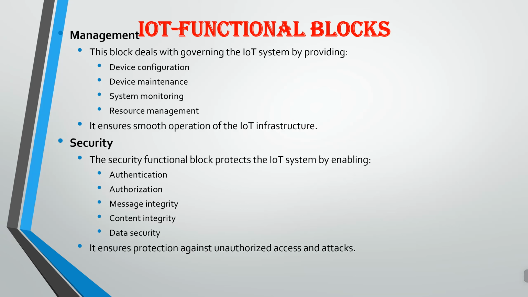It provides authentication by username and password, so that it helps in authorization. Then it helps in message integrity. Message integrity means it takes a lot of security in storing the data or even communicating the data. An intruder may not take the data in between in the network. So content integrity, data security.